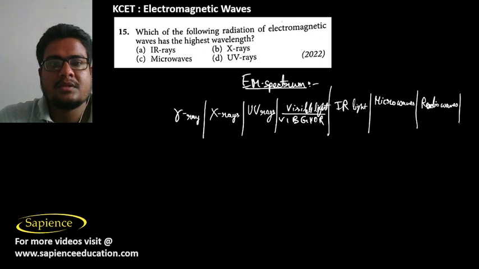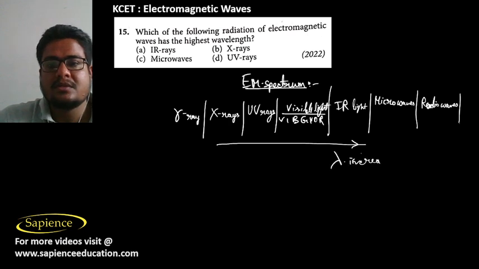So from left to right, the wavelength increases, and from right to left, the frequency increases. All of them have the same speed.